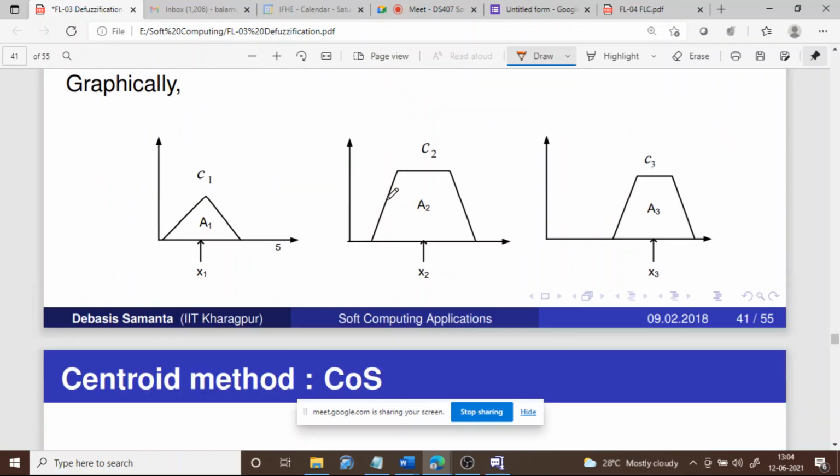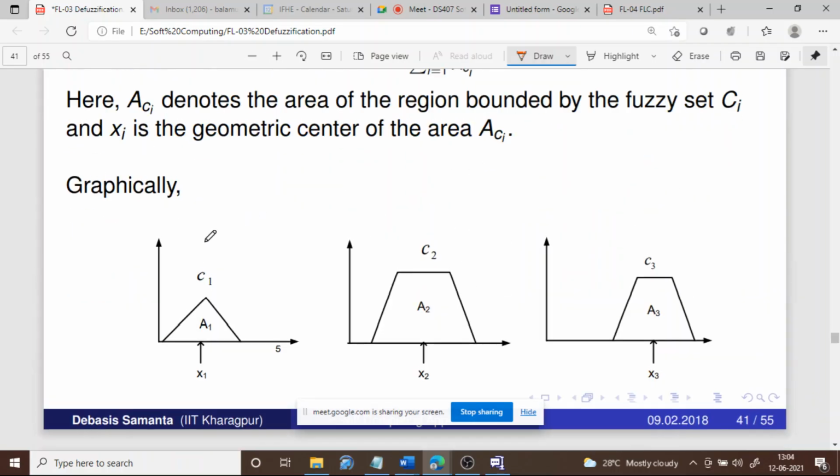For example, if you have three membership functions, say C1, C2 and C3, then find the area of each separately, and for each curve find an x which is the middle point. Starting from here to here, what is the center point?